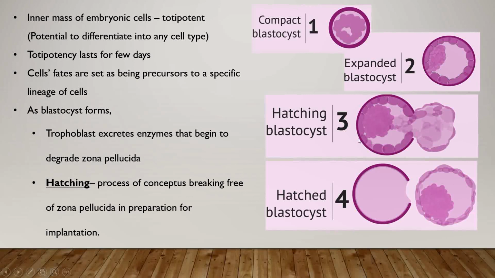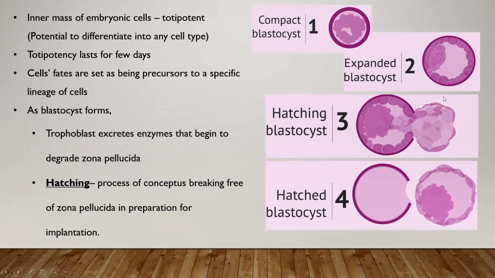So here is the zona pellucida, and there will be the process of hatching. Hatching means the conceptus is breaking free of the zona pellucida in preparation for implantation. Till the blastocyst is covered by the zona pellucida, implantation does not happen.